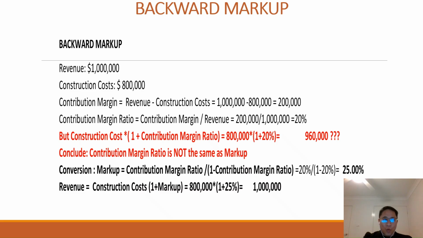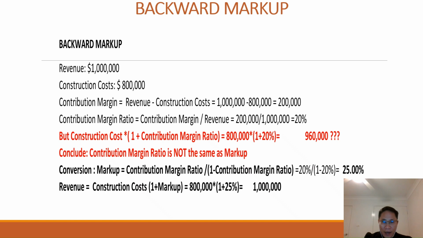And we have to be aware that the contribution margin ratio is not identical with the markup.